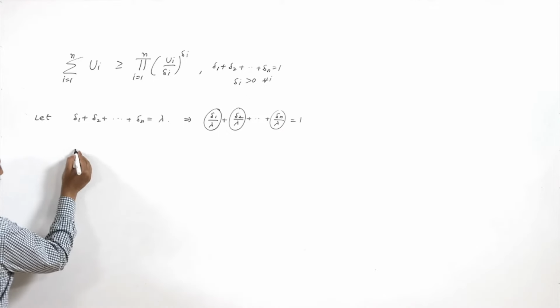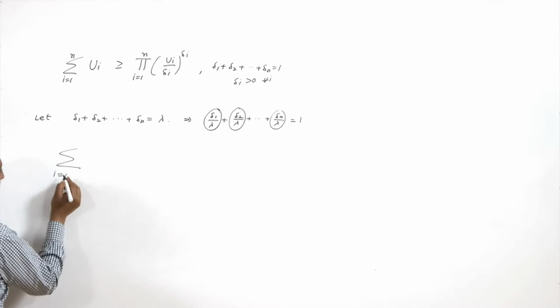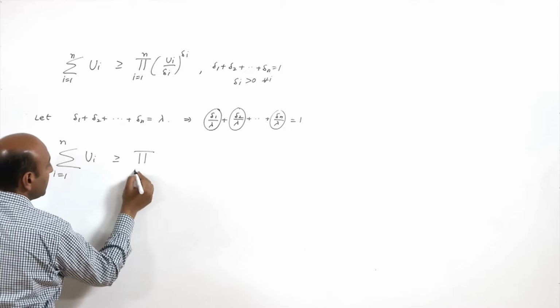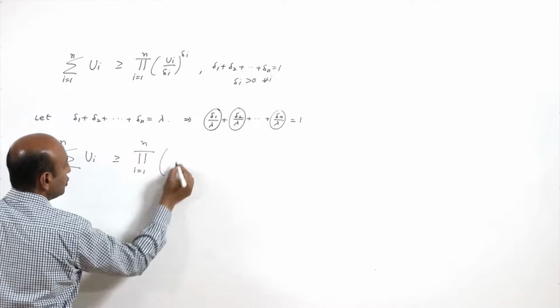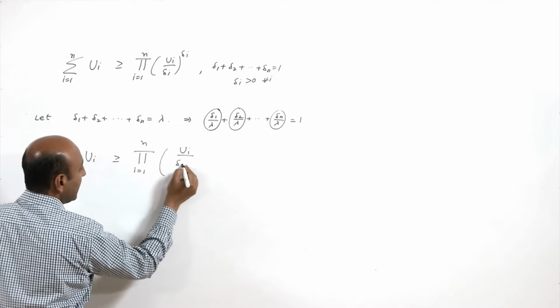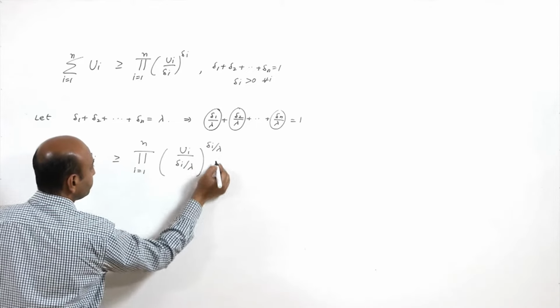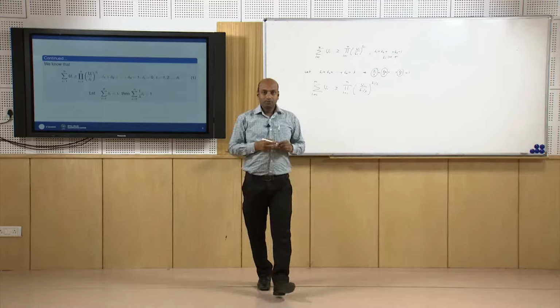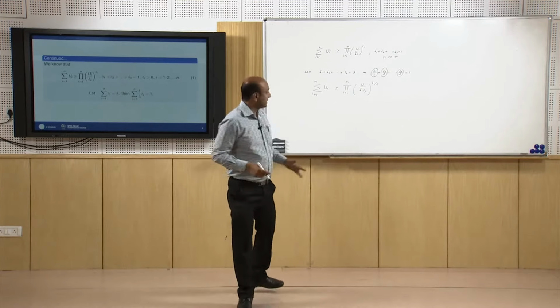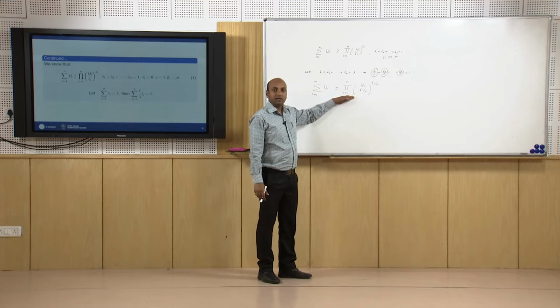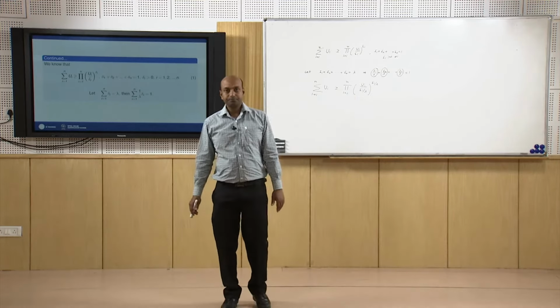So what we obtain is summation i running from 1 to n of u_i is greater than or equal to the product, i running from 1 to n, of (u_i upon delta_i by lambda) whole raised to the power delta_i upon lambda. This inequality holds when the sum of delta is lambda.